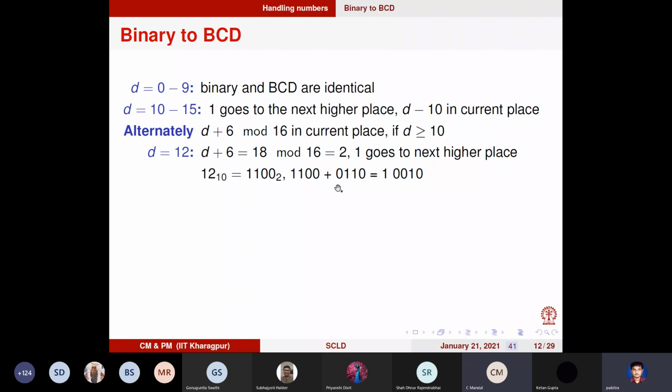So how do you compute mod 16? Is it easy? After all, these operations must be done fast. Can anyone tell how to compute mod 16? Take the rightmost 4 bits. Yes, it is actually trivial.